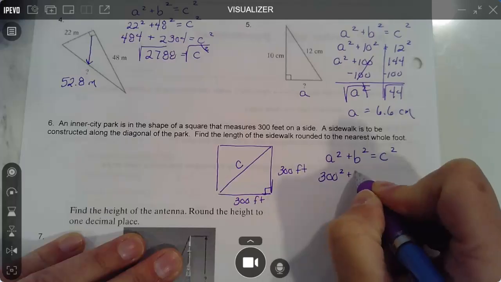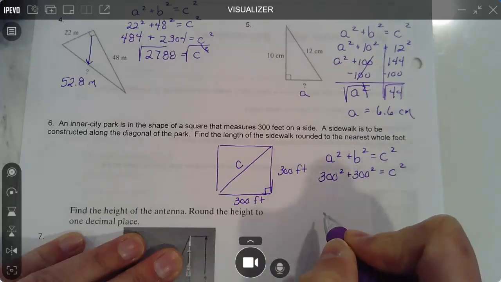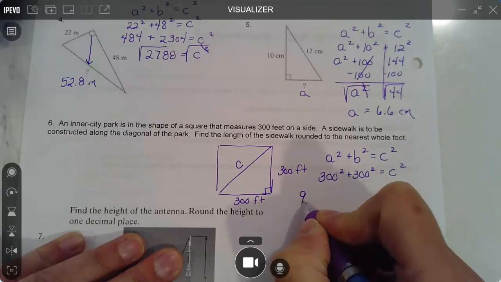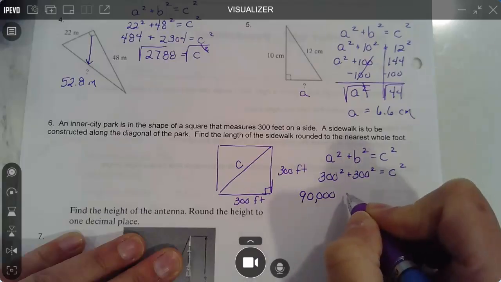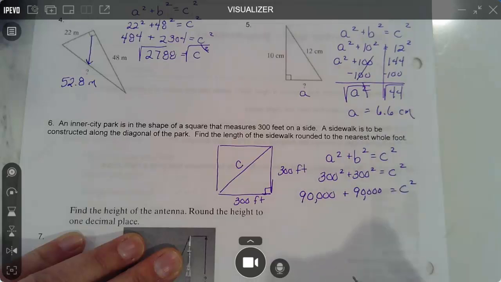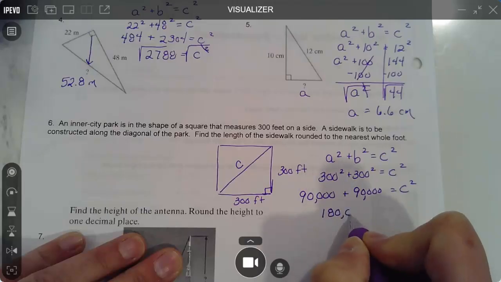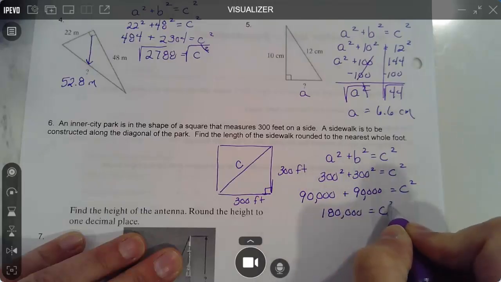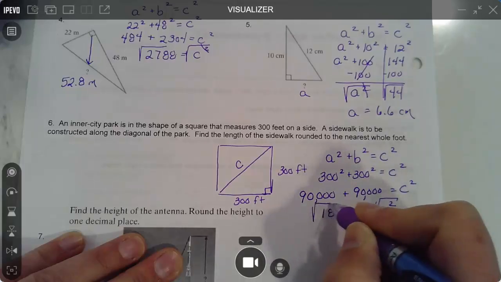300 squared plus 300 squared equals c squared. If you square 300, that's 90,000. And another 90,000. That equals c squared. If you add those together, you'll have 180,000. And to undo the square, we'll take a square root.